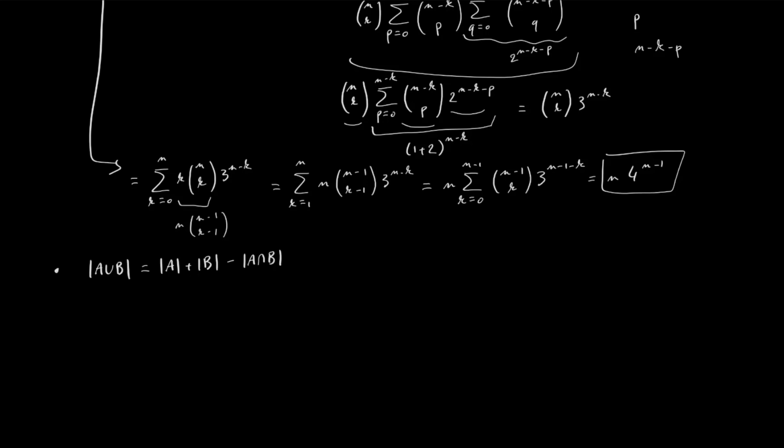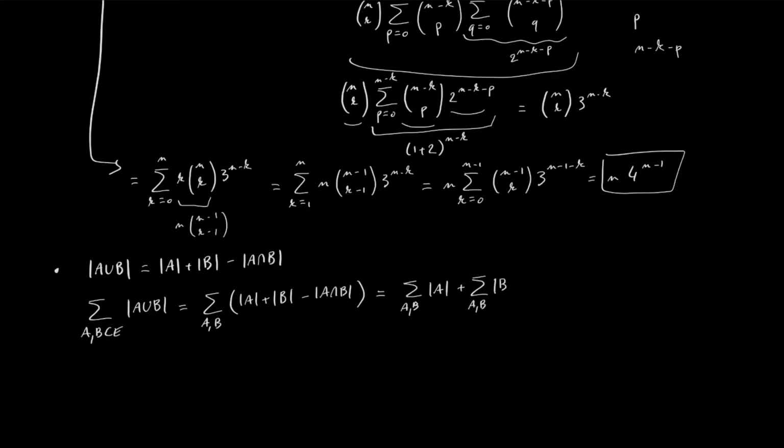And this is going to be super useful because if we use this equality inside the sum, we have that the sum for any subsets A and B of E of the cardinality of the union of A and B is equal to the same sum of this formula, so A plus B minus the cardinality of the intersection of A and B, which is equal to the sum for the subsets A and B of the cardinality of A, plus the sum for A and B of the cardinality of B, minus the sum for A and B of the cardinality of the intersection of A and B.